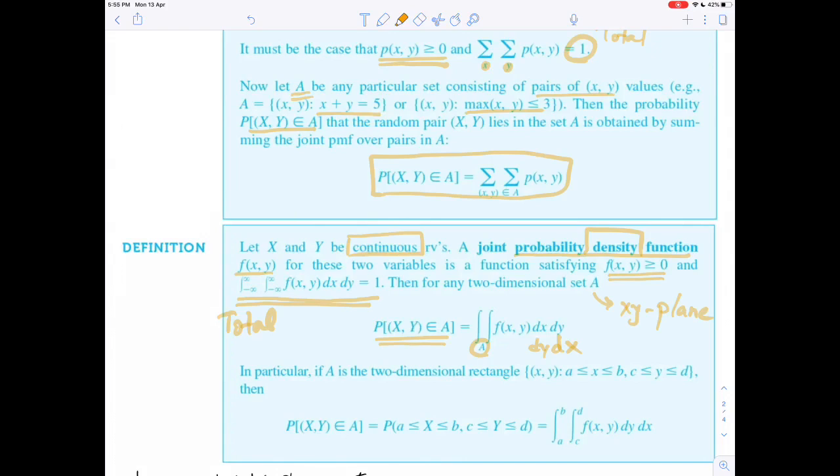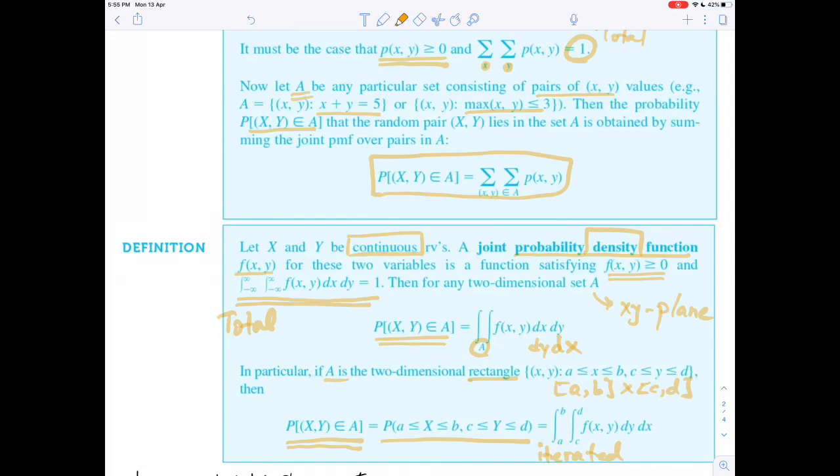And they give an example. If A is a rectangle, which we would have written a, b cross c, d, well, then the probability that our two variables x and y, the pair of them, lands in that region A is the same thing as saying the probability that a is less than or equal to x is less than or equal to b, and c is less than or equal to y is less than or equal to d, which is our iterated integral just over a rectangle.